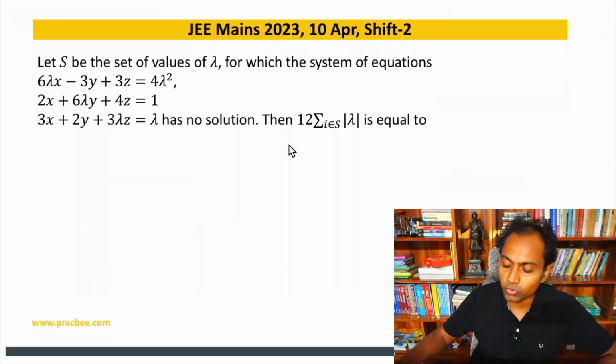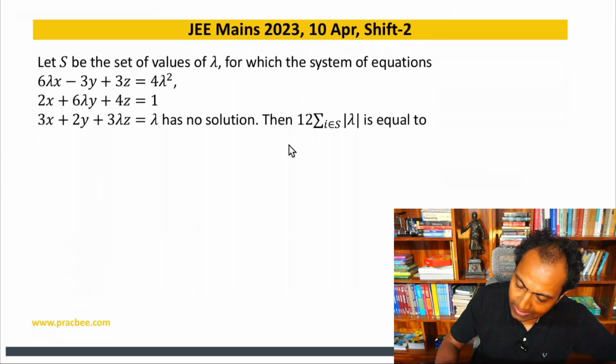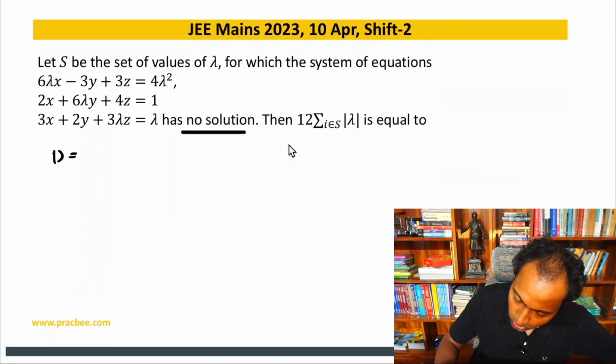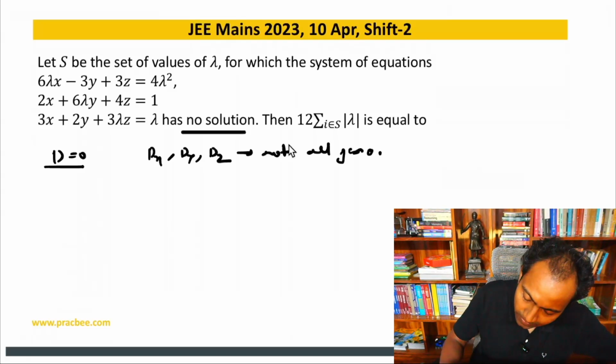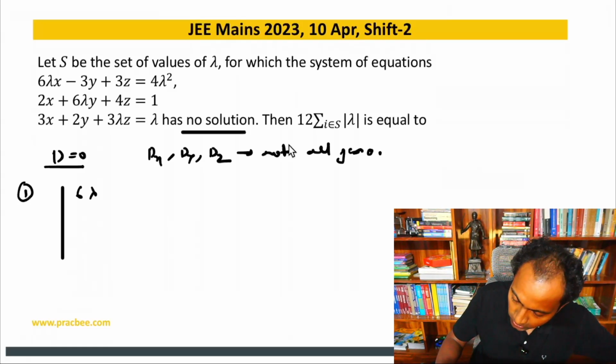If I look at this 2023 question, it says that this system has no solution. That should mean that D should be equal to 0, and dx, dy and dz should not all be equal to 0. First let us apply the first condition only. So let us write D first. So D will become nothing but the determinant of the coefficients of x, y and z.